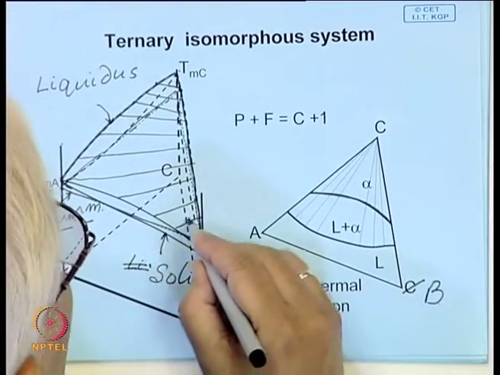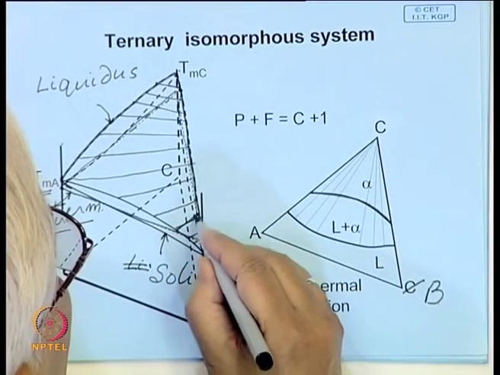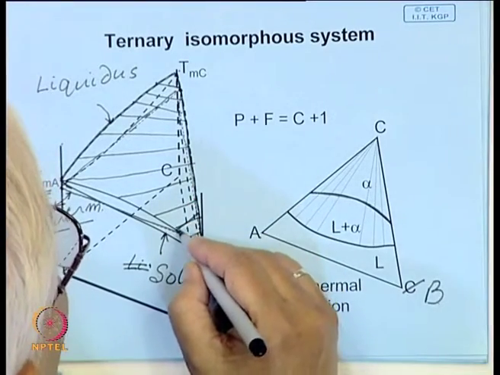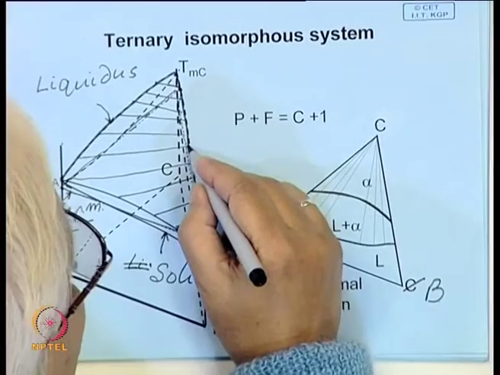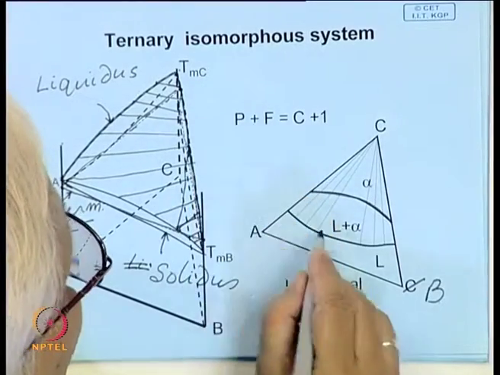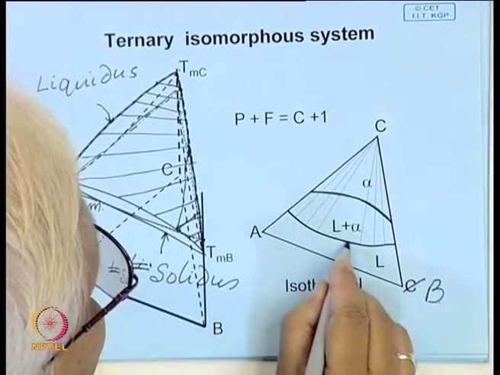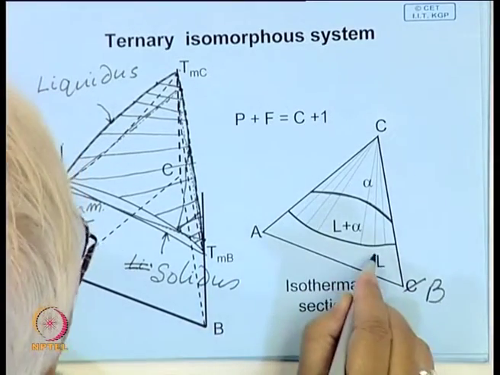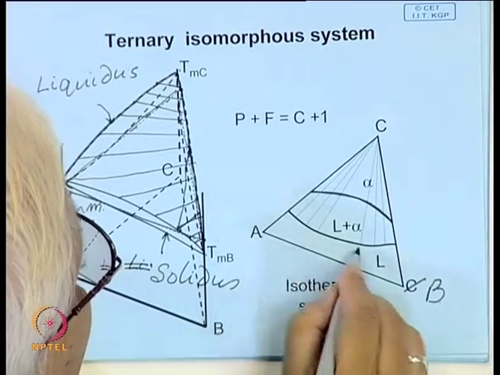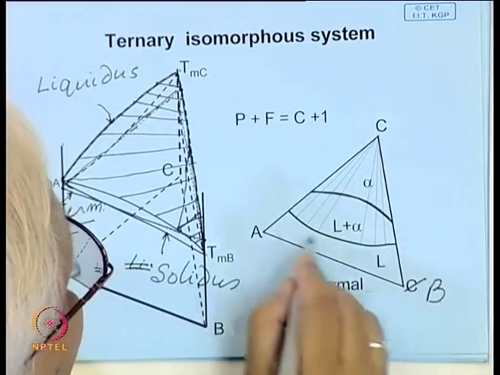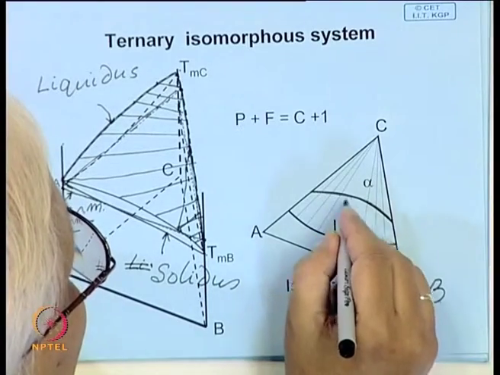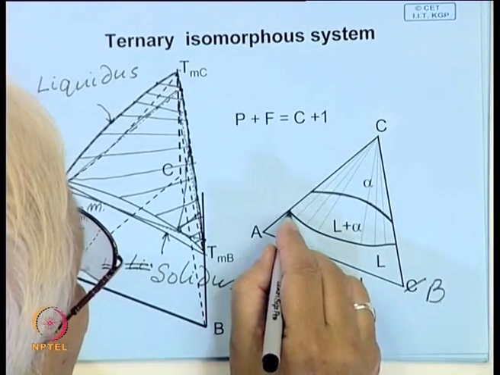So, it intersects somewhere here, and similarly here, which is drawn over here. This portion is yet to solidify, whereas this part has solidified.